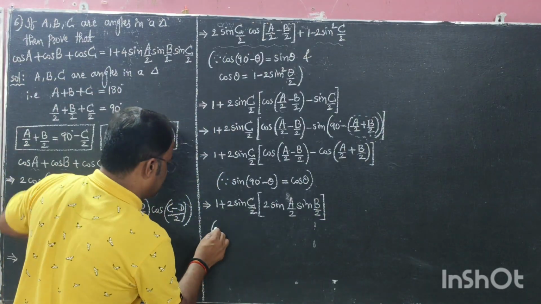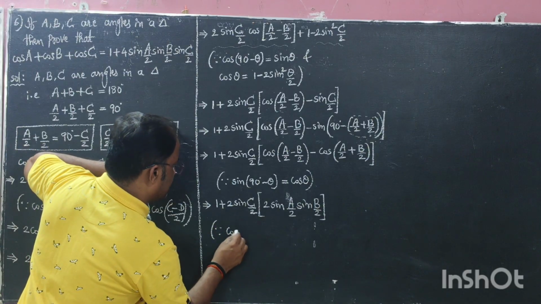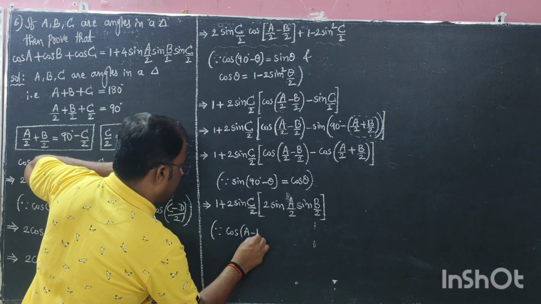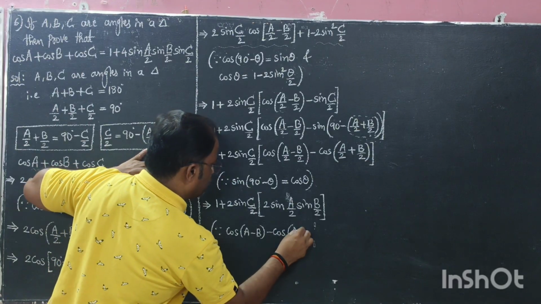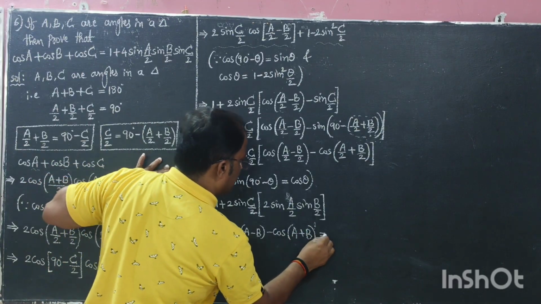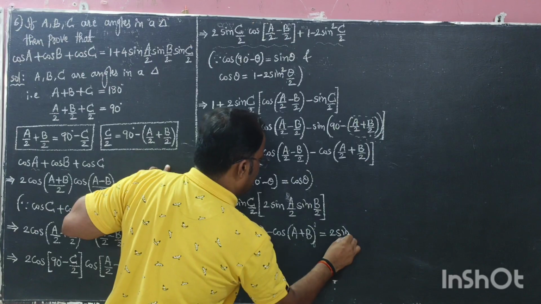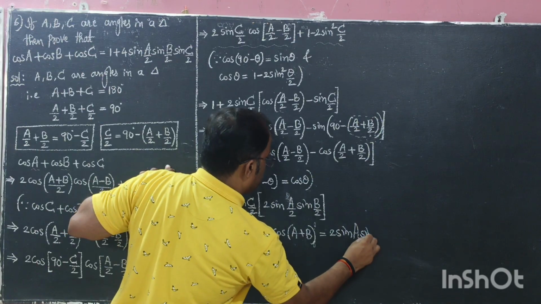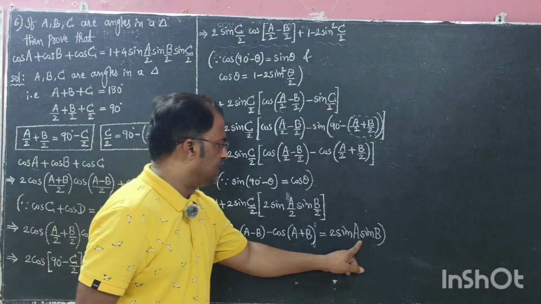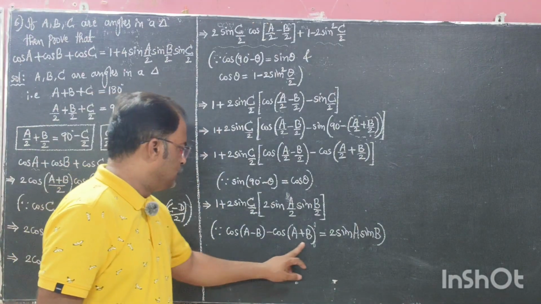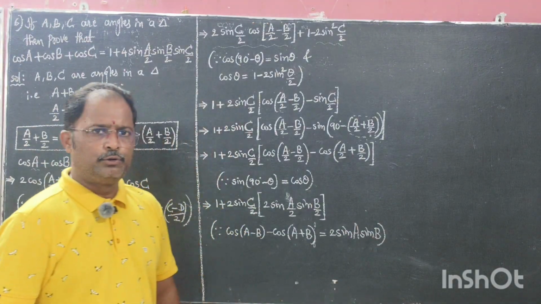Actual formula is cos of A minus B minus cos of A plus B, so the answer is 2 sin A sin B. See, if here A B then answer is A B, if here A by 2 B by 2 then answer is A by 2 B by 2.